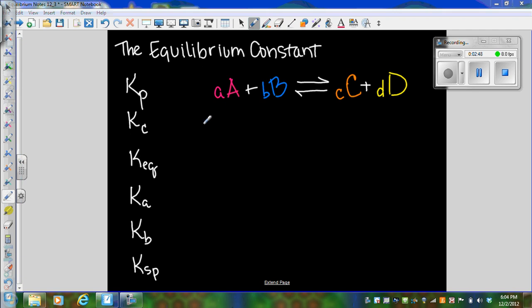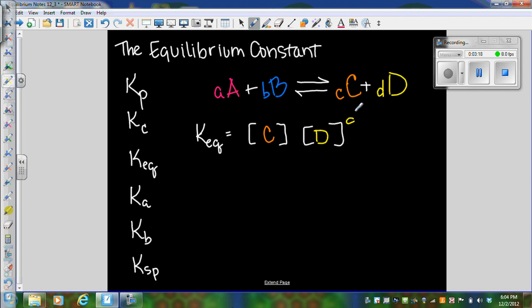So if I want to write the equilibrium constant, and I can be doing K sub C or KEQ, I'm just going to do KEQ. What I want to do is take the concentration, so I'm going to use brackets, of the products, so that would be C and D, and I'm going to raise them to the power of their coefficient.